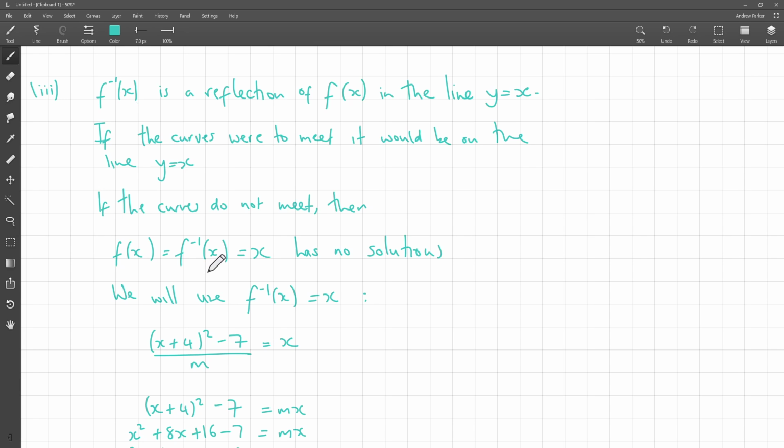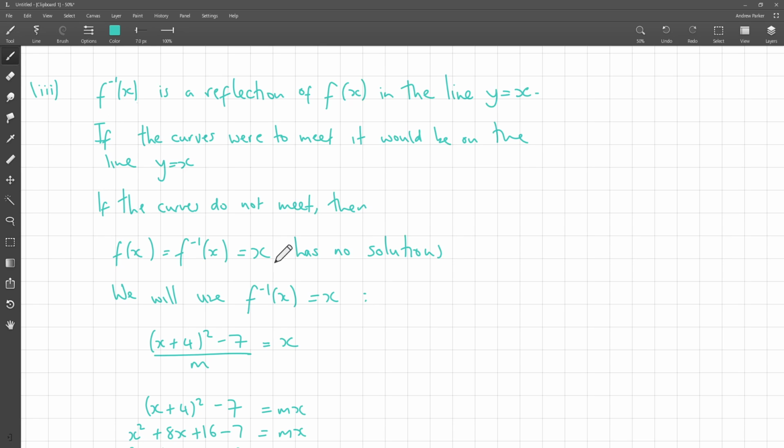But it's also helpful to use the fact that the solution to this equation is also on the line y equals x, so we can put equals x in here as well. And we can attempt to solve any of these equations, though we won't get an answer for this question.